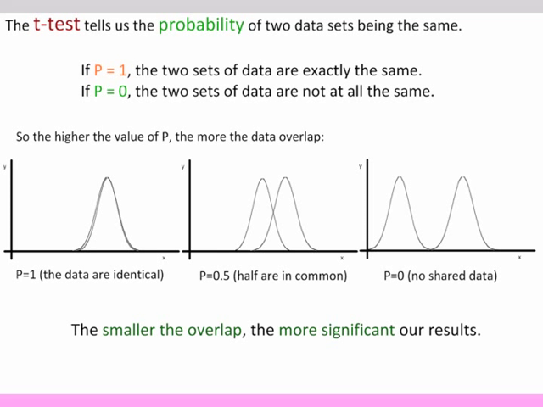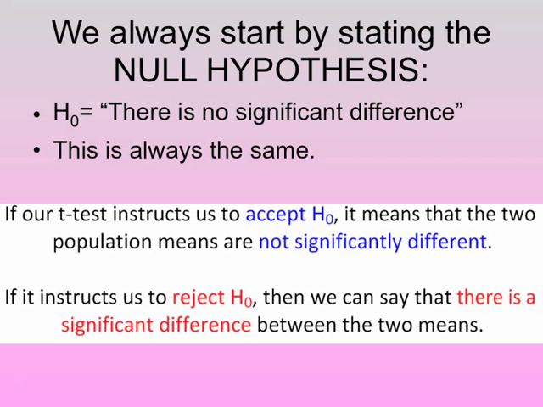Okay? All right, so in order to use the t-test, we calculate the t-value, and we always start by stating the null hypothesis. In this case, the null hypothesis is there is no significant difference between these two samples.